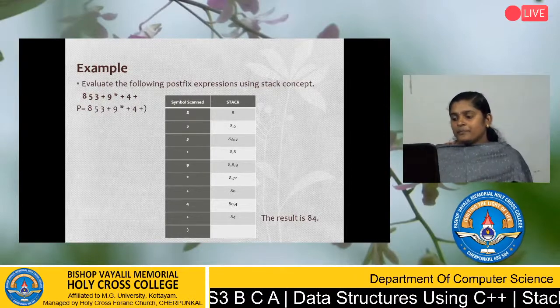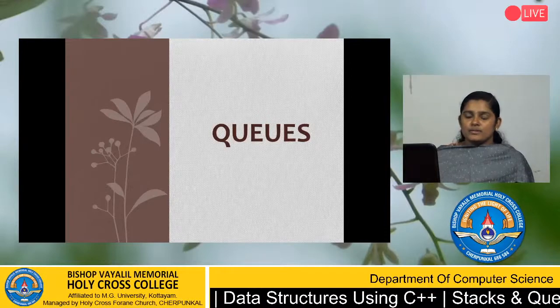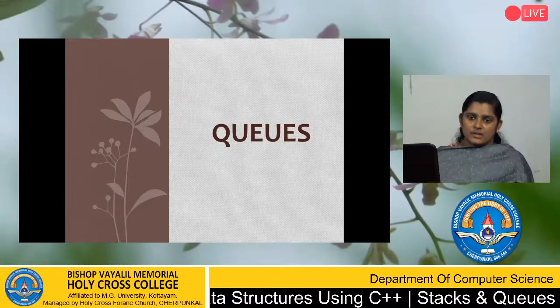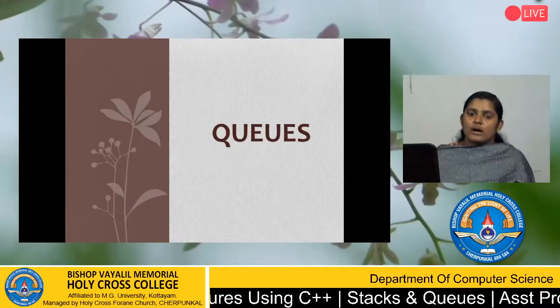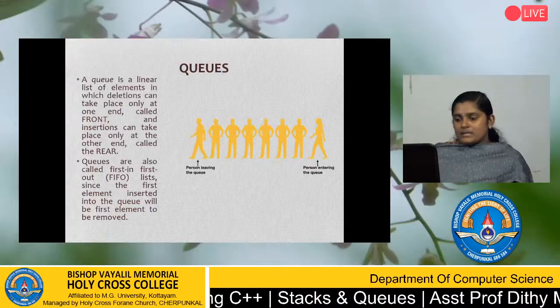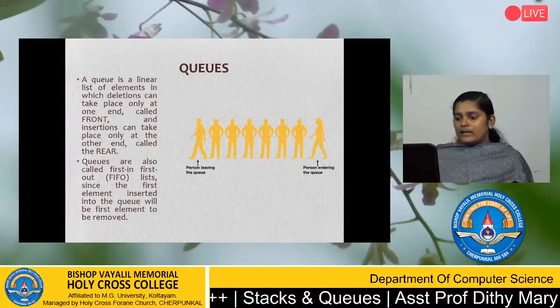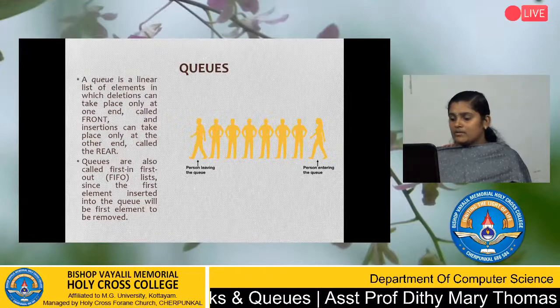Next we discuss the queue. A queue is also a linear data structure. Linear means the elements in the queue are arranged in sequential order. Here we can see a figure: person leaving the queue, person entering the queue.